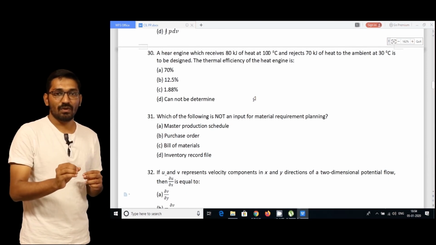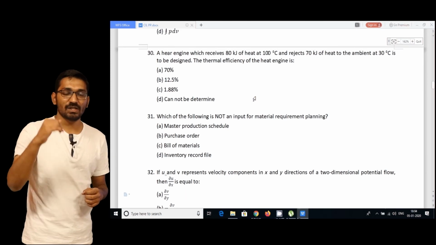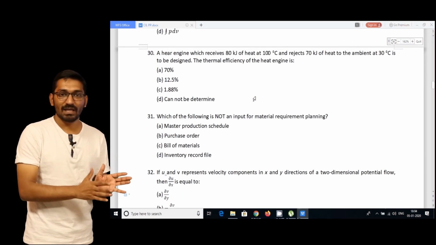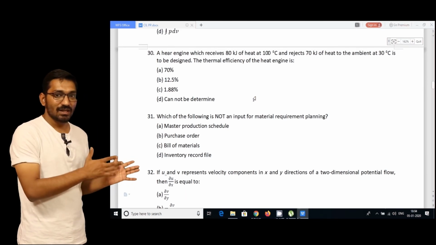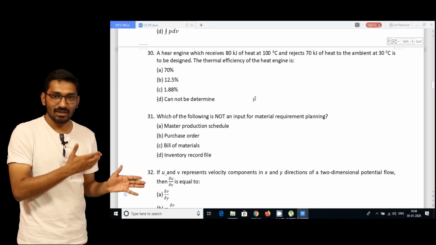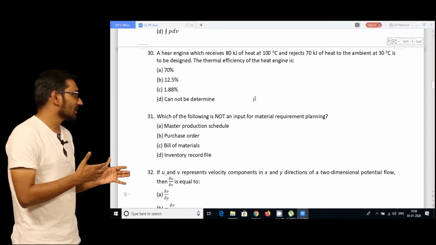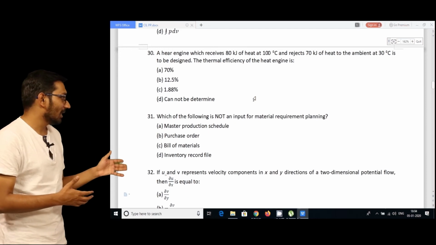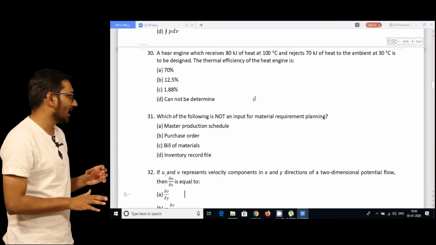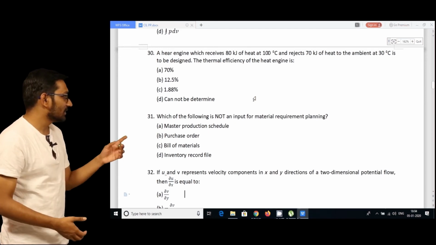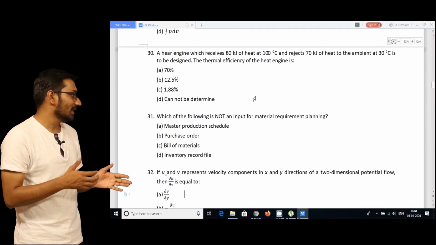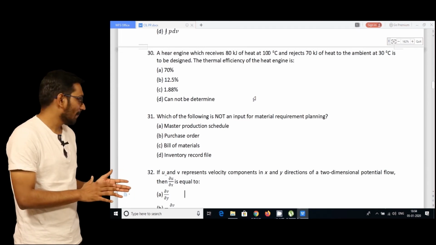So don't use the formula of efficiency, that is 1 minus T2 upon T1. That is only applicable for reversible cycles. It is not given here that this heat engine is a reversible cycle. So the efficiency will be 1 minus heat rejected upon heat supplied. That means heat rejected is 70, heat supplied is 80. So this will be your answer.